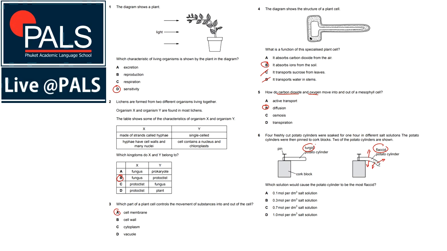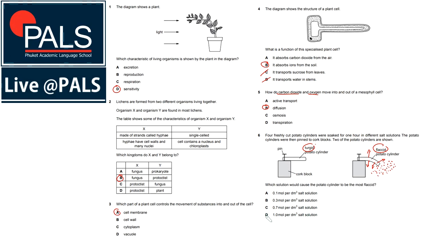For this to happen, we need a higher concentration of dissolved substances, of solutes, in the surrounding solution around the potato cells, because high concentration of solutes means low water potential, and water then moves from high water potential to low water potential, out of the potato cells.